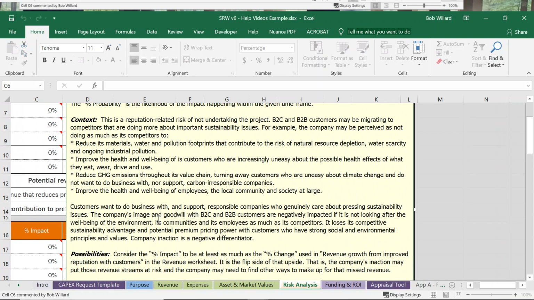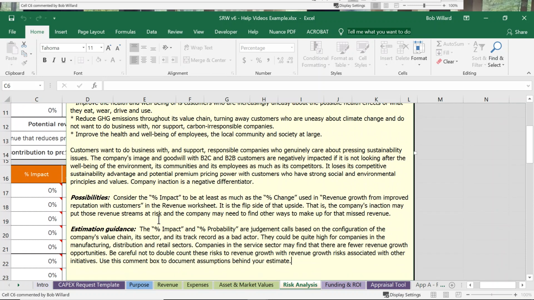You'll notice that in the possibilities section, it's suggesting that for want of a better way to estimate the impact, you can simply start at least with the flip side of the percent change that you used in the benefit calculations in the revenue and expenses worksheets. So if you were to do that, the completed worksheet in this step might look something like this.